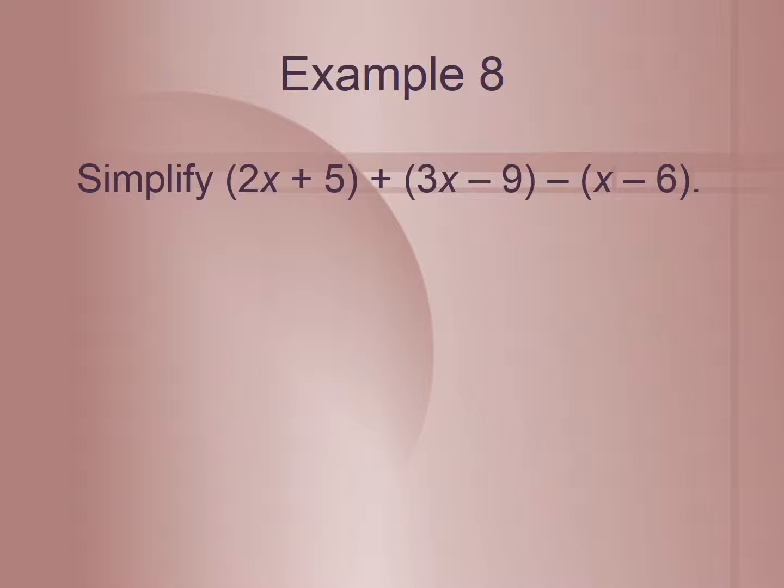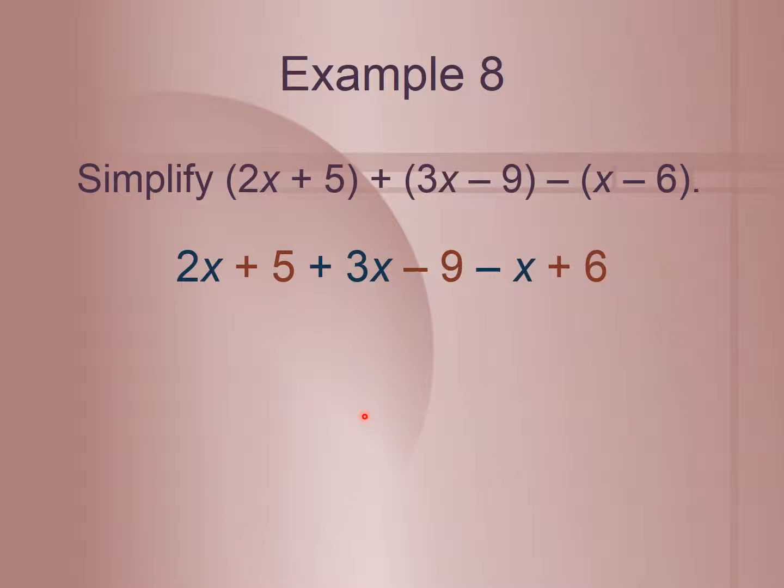Let's try this one. (2x plus 5) plus (3x minus 9) minus (x minus 6). Before we do this, we have to go ahead and distribute this negative. So negative 1 times x is negative x. Negative times negative 6 becomes positive 6.